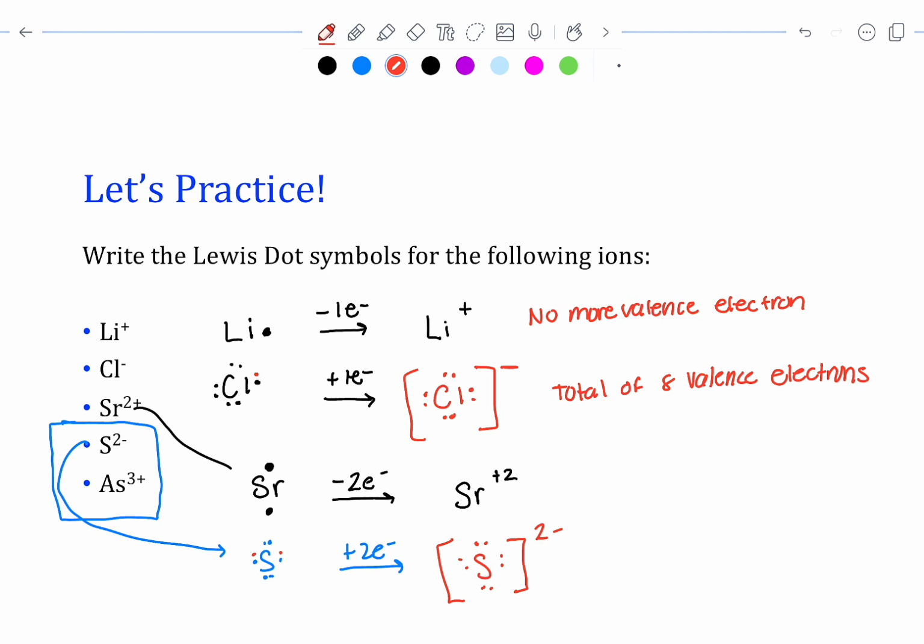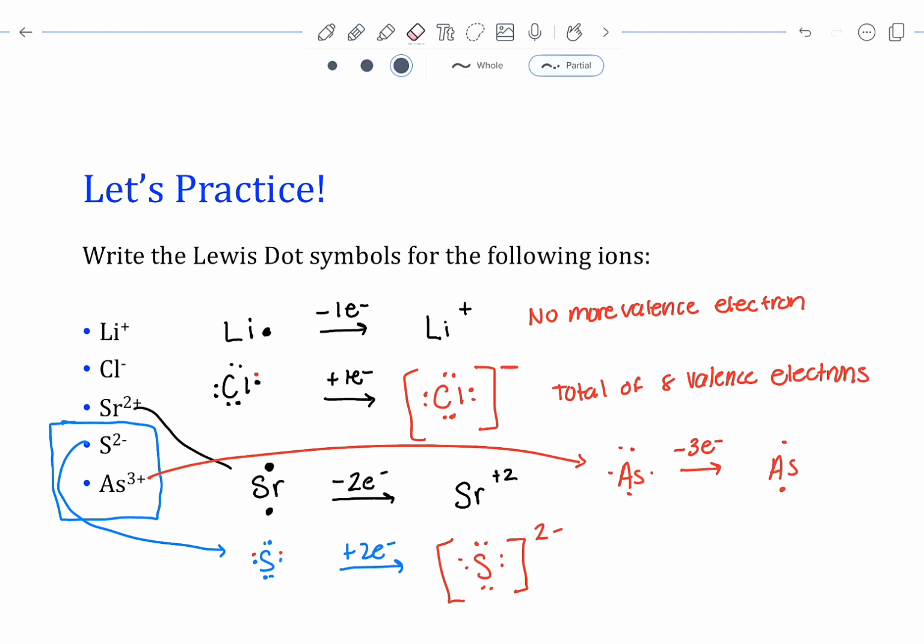Finally, we have arsenic, and I believe that this is a typo in my own slides as well as in your lecture notes, but we'll try it both ways. So if we have arsenic 3+, it's in group 5A, so we have 1, 2, 3, 4, 5 valence electrons. In this version, I have it as a 3+ charge, so 3 of those electrons are being removed.